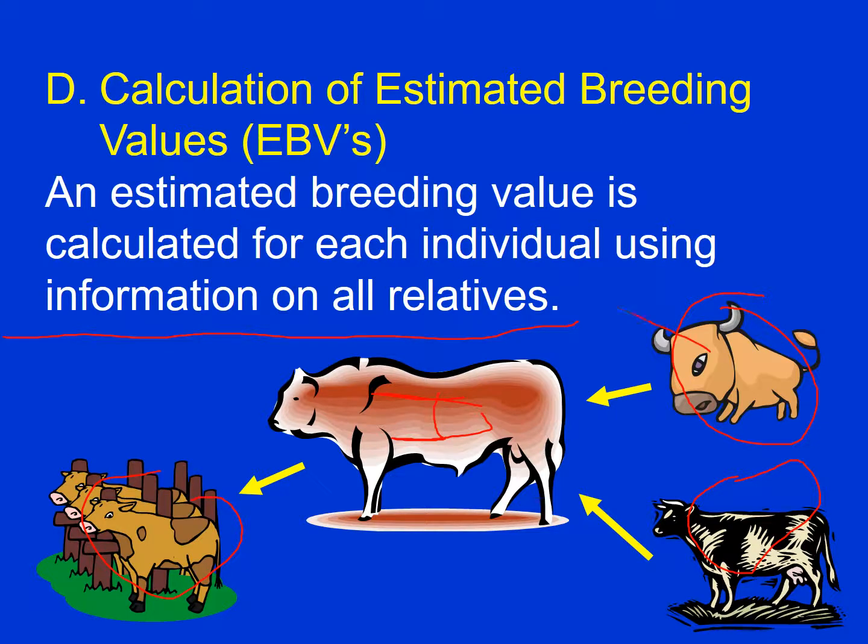This bull here may have had hundreds of offspring. We may have some maternal relatives as well. We take all that information into account and put the data into a computer. The computer weights all that information. Obviously, closely related relatives have more weighting than distantly related relatives.